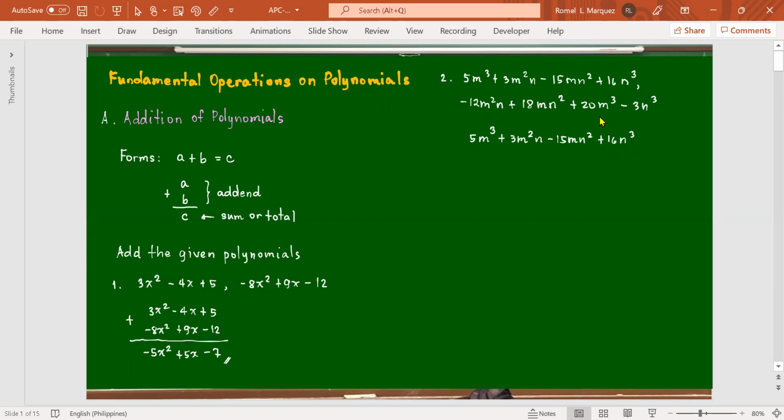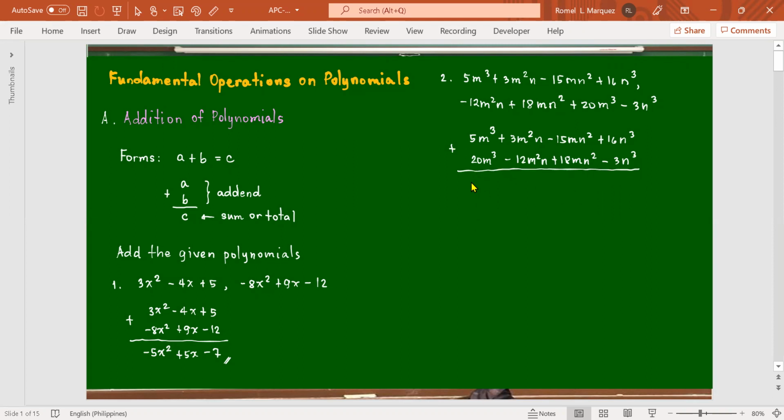So for the second polynomial, we are going to arrange the terms. Let us start with the term that is similar to the first term in our first polynomial. So that is 20m cubed, then followed by negative 12m squared n, and then plus 18mn squared. Check what I am writing, guys, ha? Minus 3n cubed. Okay?